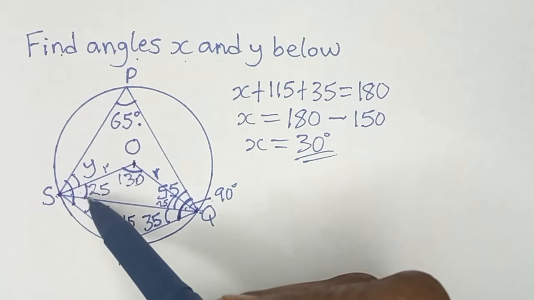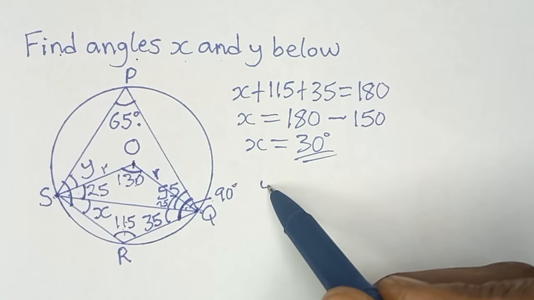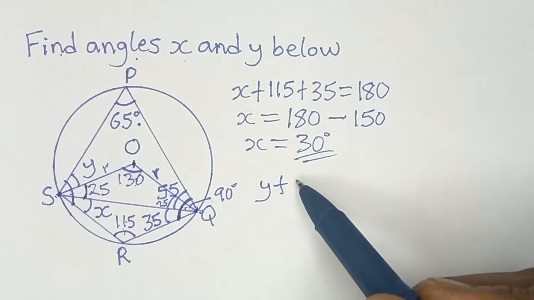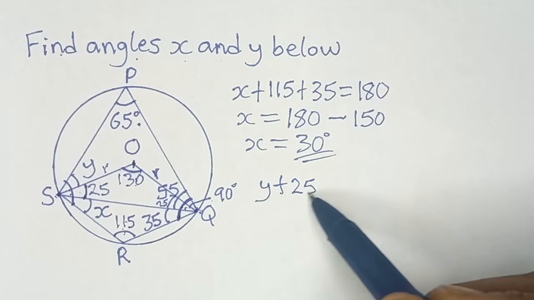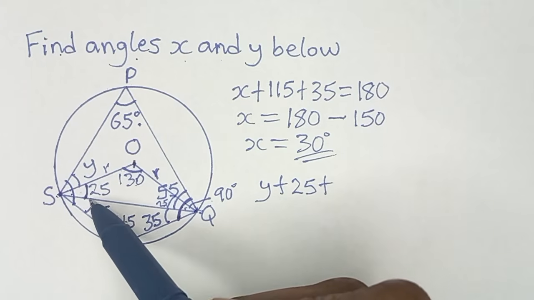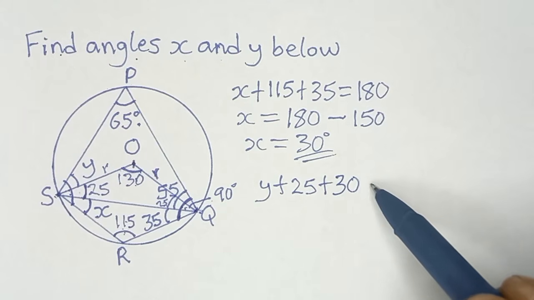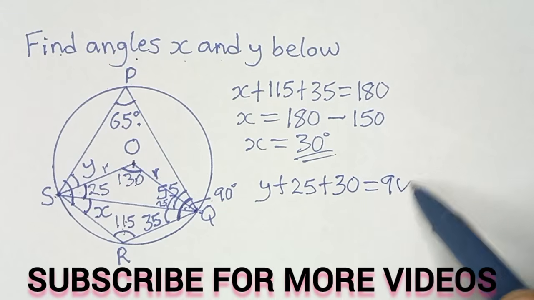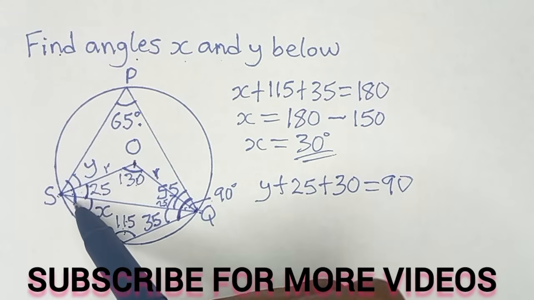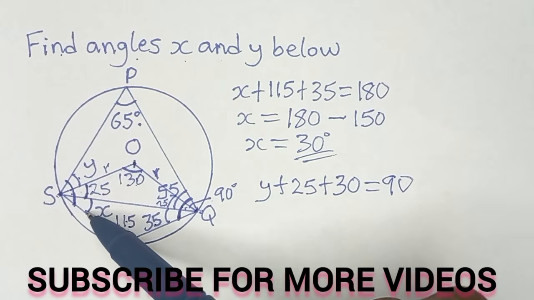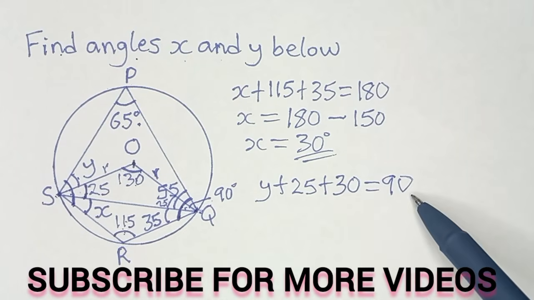So we can now add the three of them together, which involve Y plus 25 plus X. We already know the value of X as 30, plus 30, and everything is equal to 90. Don't forget the whole of this angle here is 90. So Y plus 25 plus X, which is 30, altogether give us 90, the whole of that angle at that point.